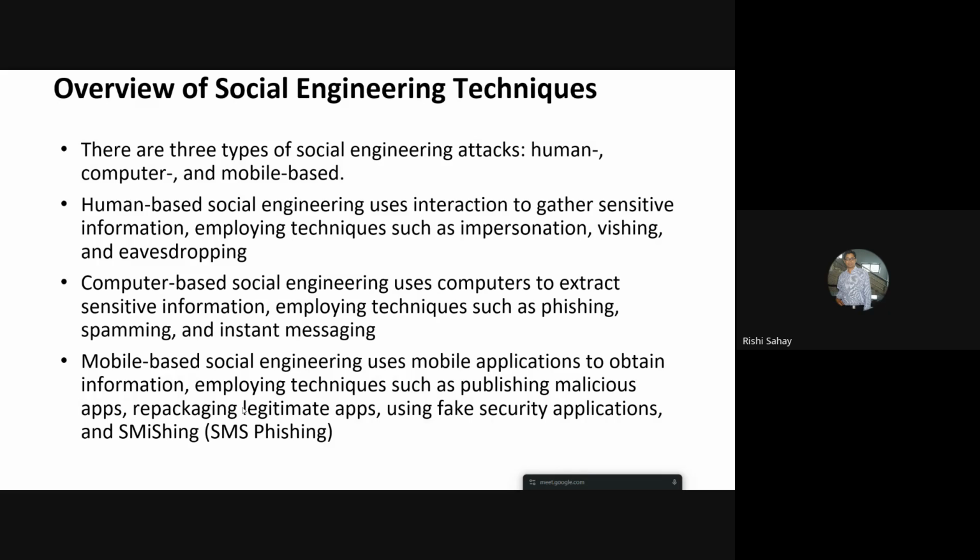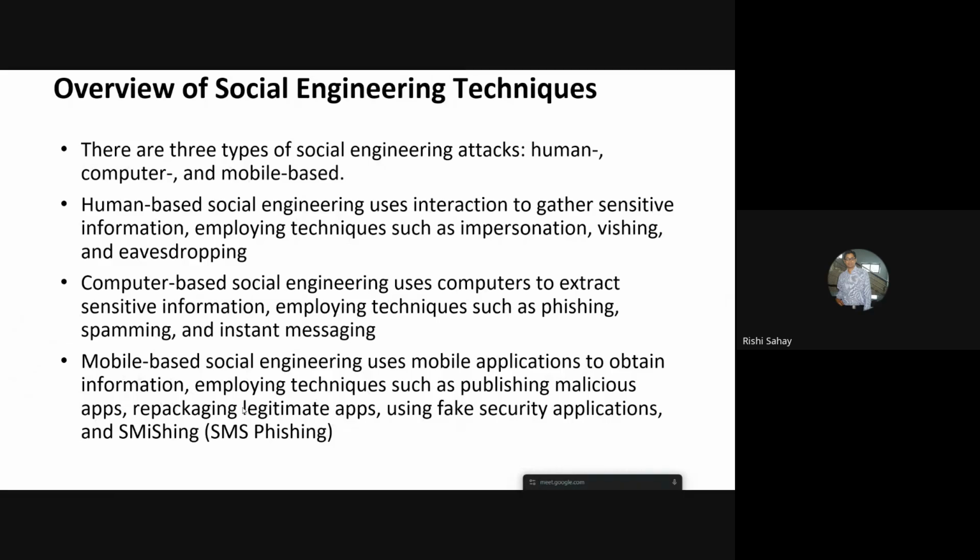So, as we just discussed, there are different types of social engineering attacks, like human based, where some people interact and try to trick someone into providing confidential information. Computer based is where people send phishing emails or messages and try to get access to the infrastructure.